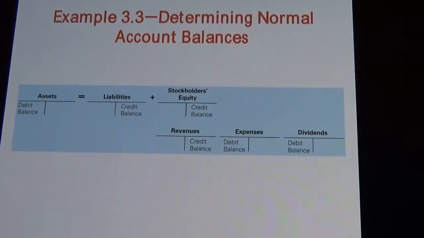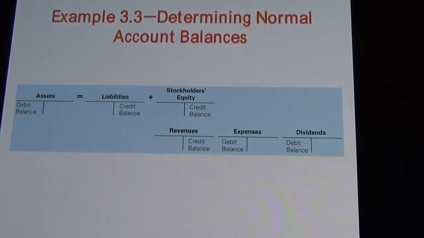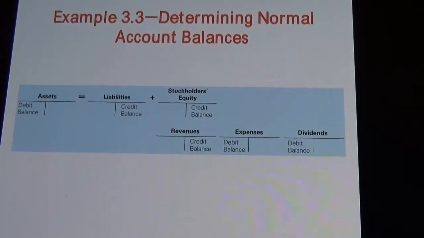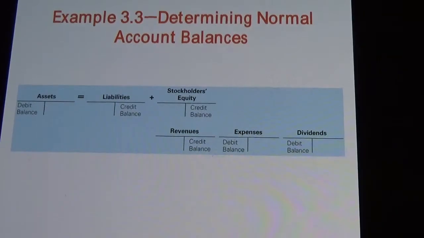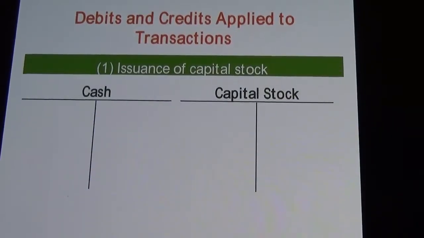That means that the liabilities and retained earnings and revenues and capital stock accounts are all credit balances because they are not expenses, assets, or dividends. So just a hopefully helpful tip for you for memorizing that.